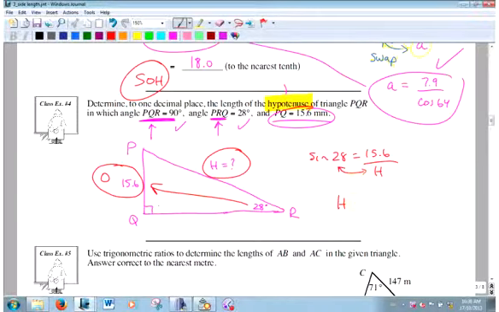Swap this and that. H is 15.6 over sine 28. Put that in your calculator. 33.2 to 1 decimal place. Do I have units? Millimeters.